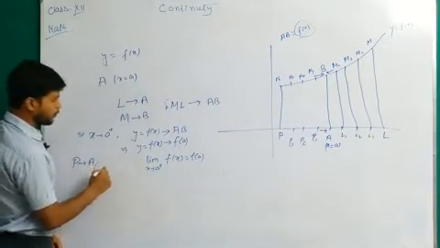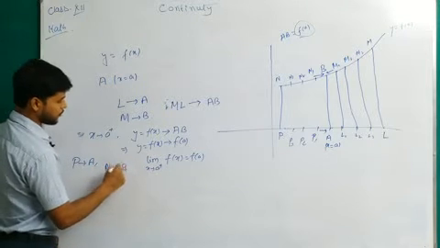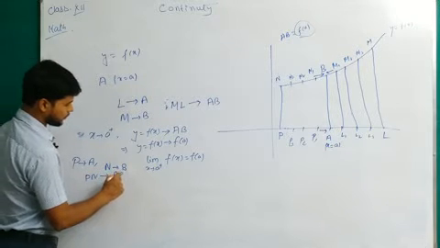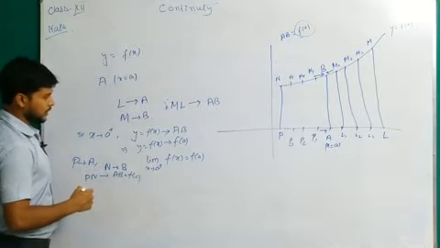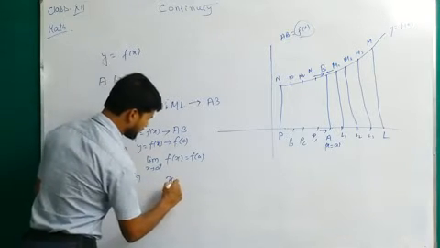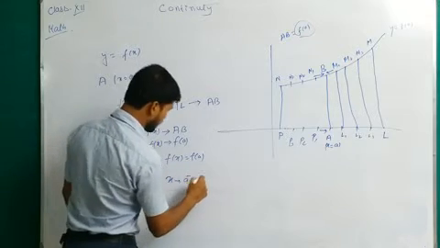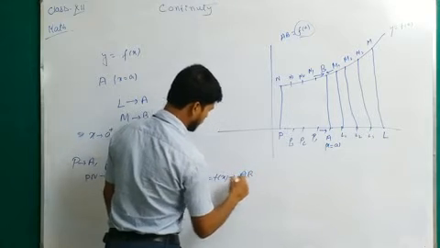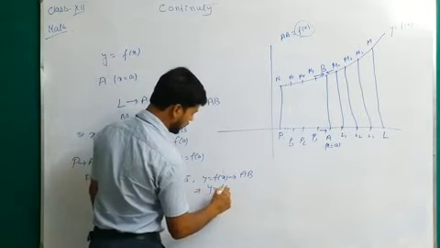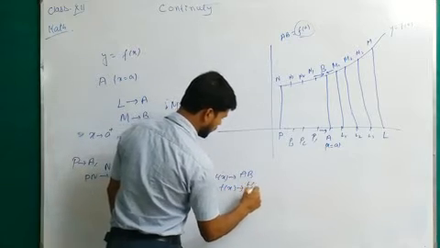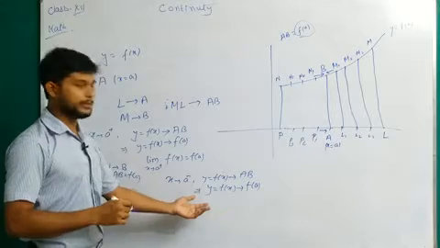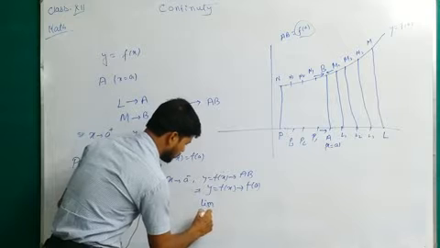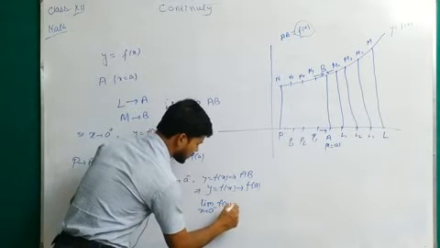Then the point N will tend to the point B, and the ordinate PN will tend to AB, meaning f of A. That means in the limiting sense, when x tends to A minus, then y equal to f of x will tend to AB, that means y equal to f of x will tend to f of A. This is called, in the limiting sense, the left hand limit. So limit x tends to A minus f of x is equal to f of A.